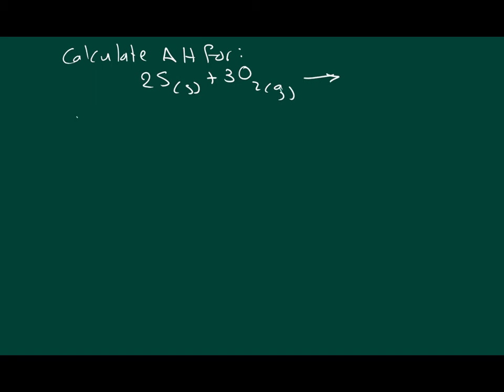Let's take another example. Calculate delta H for this reaction: 2S plus 3O2 giving 2SO3, and you have heat of formation of some compounds also given to you. You are given the enthalpy of formation of SO2.